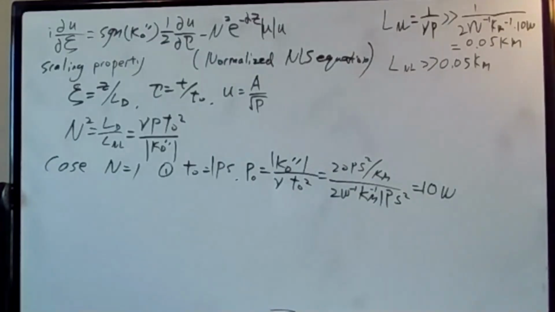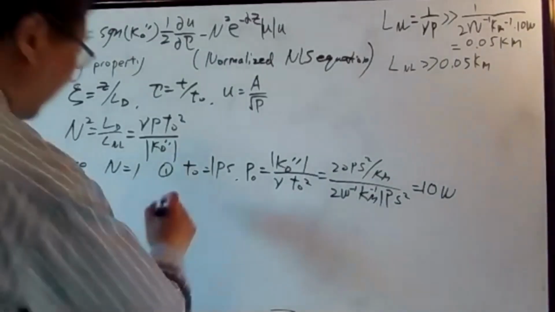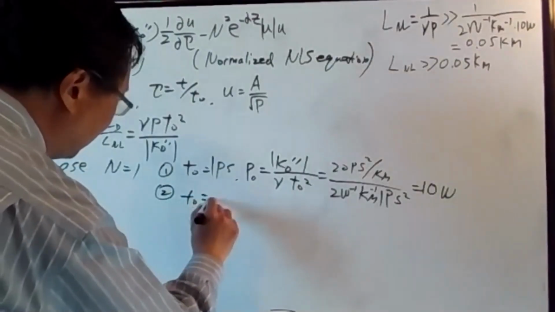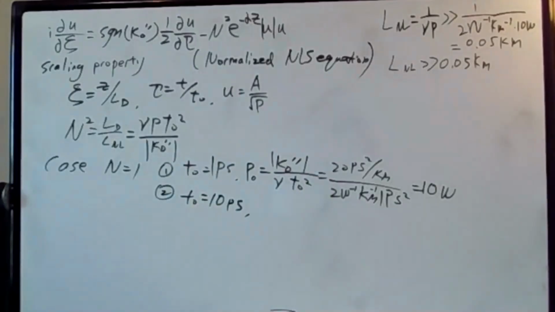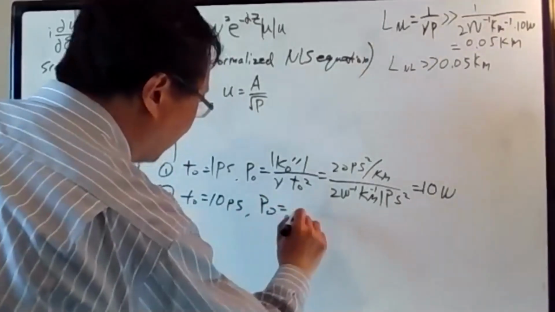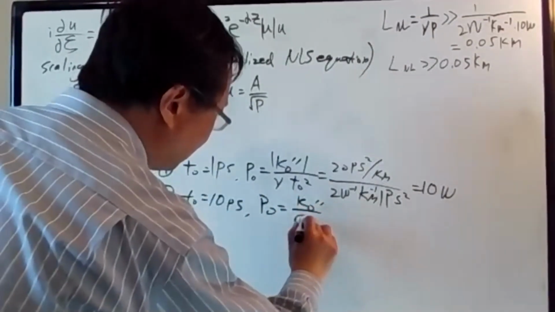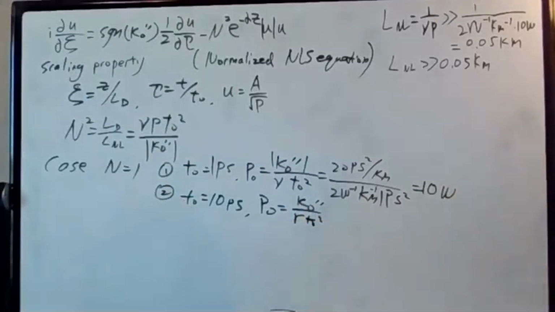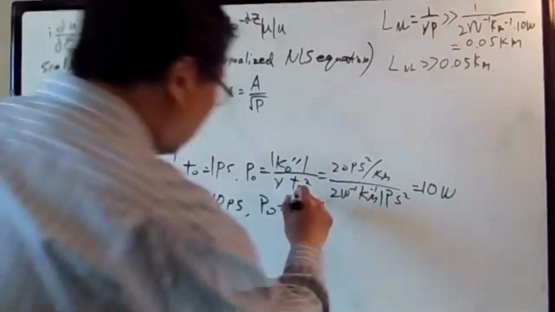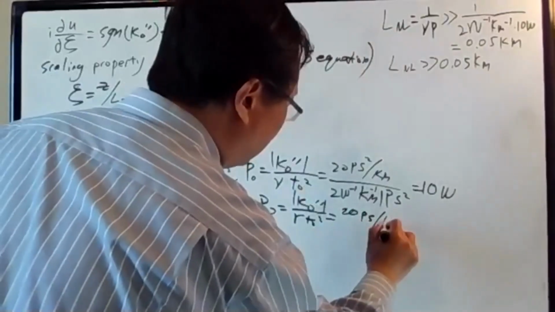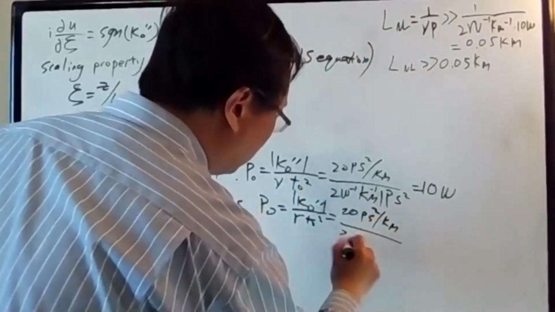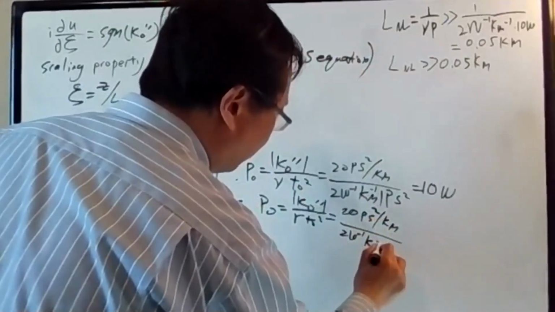Divided by 2. Okay. So now let's say in the case of 2, T naught is 10 picosecond. So if it's 10 picosecond, then my P naught is K naught double prime and gamma T naught square. So this is absolute value, and then still 20 picosecond per kilometer square over 2 inverse watt inverse kilometer.